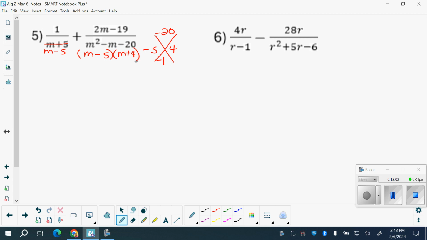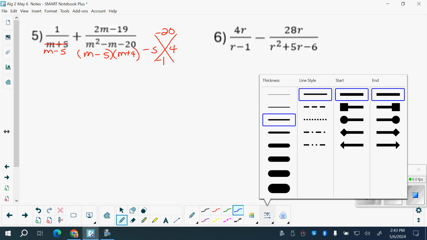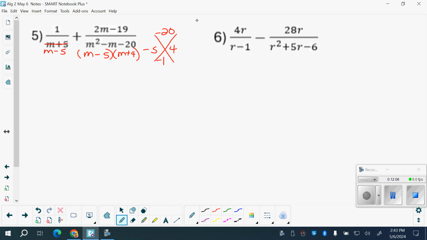So we're going to multiply the numerator and the denominator by m plus 4. So we get m plus 4.